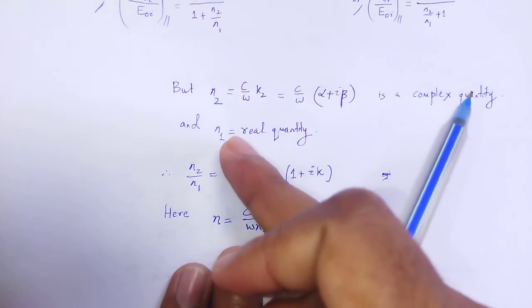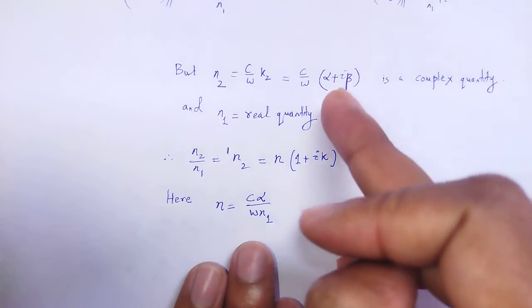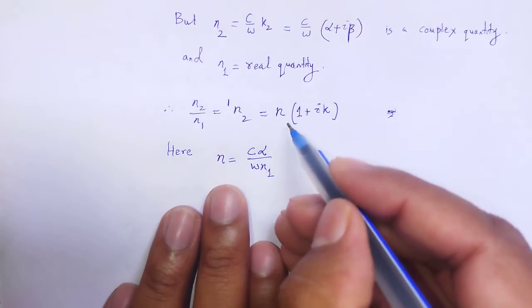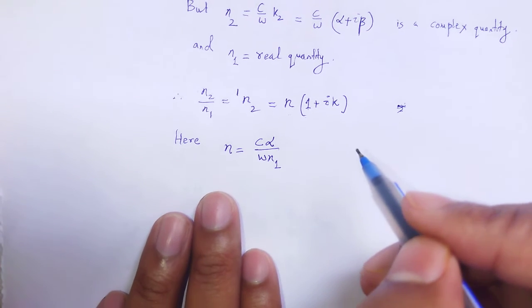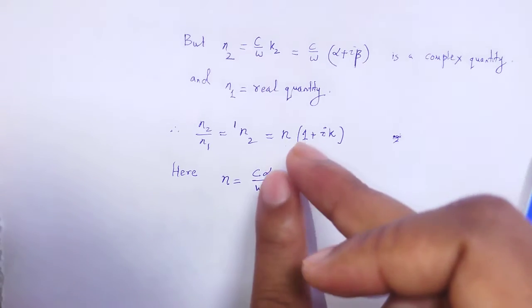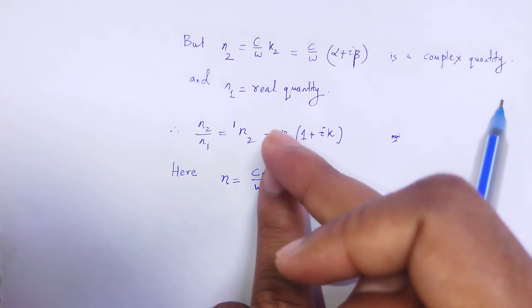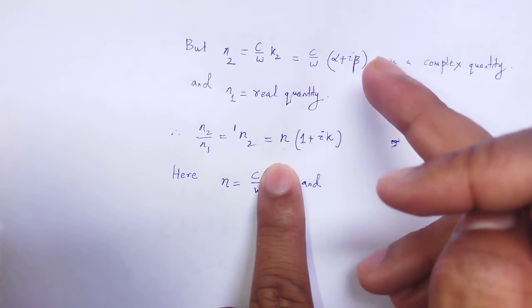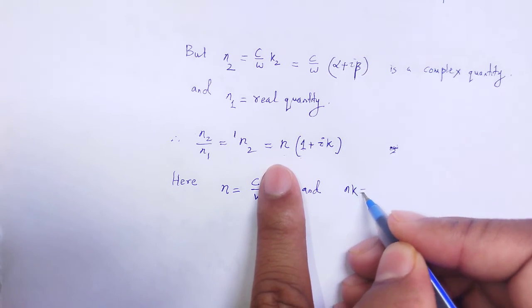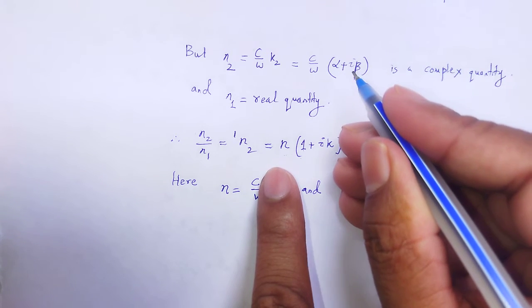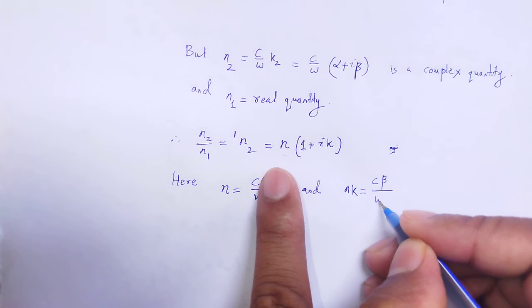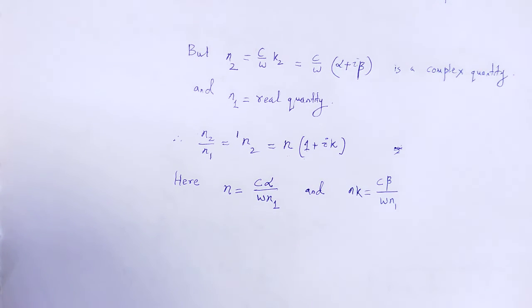As we divide N2 by N1, N1 is real one, so the term will be C alpha by omega N1 for that of N, and here N K. So when we compare to that of the imaginary part, it will be N K is equal to C beta by omega into N1, C beta divided by omega N1. Okay.